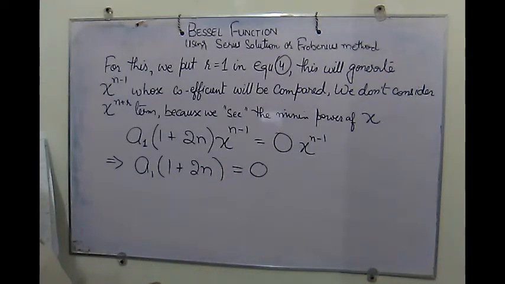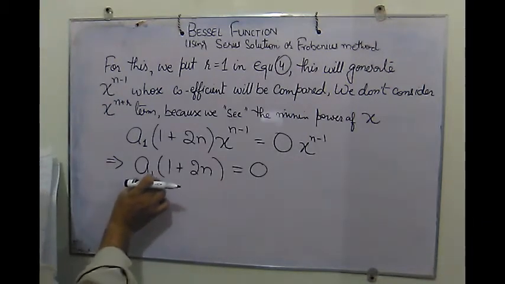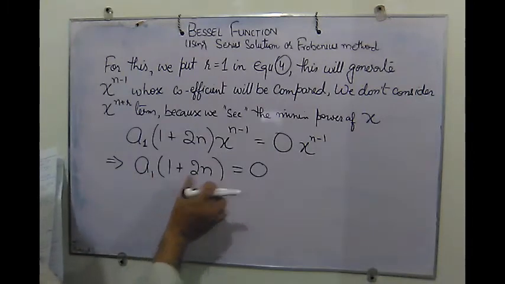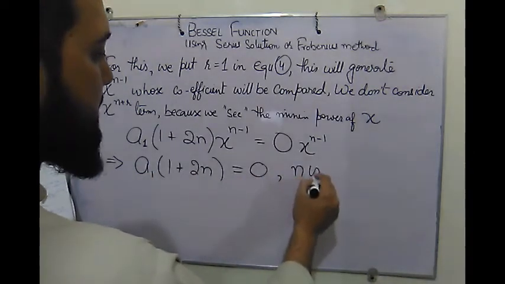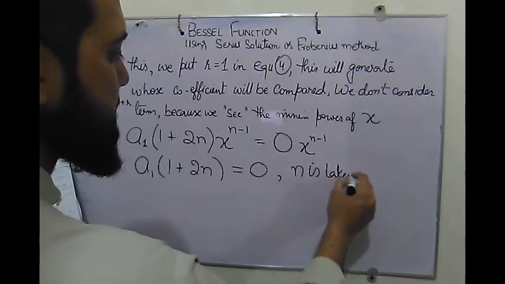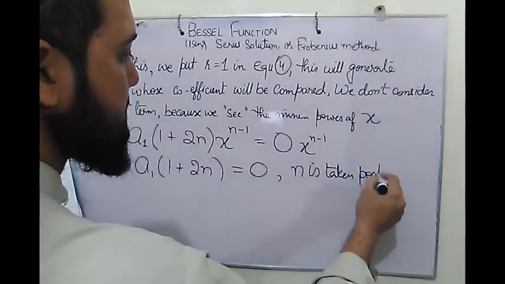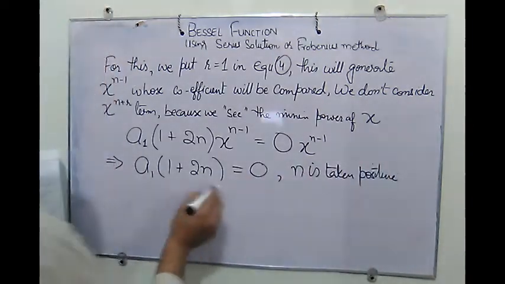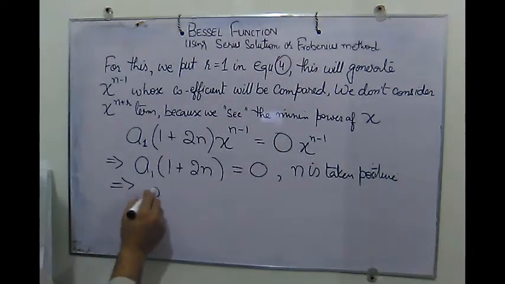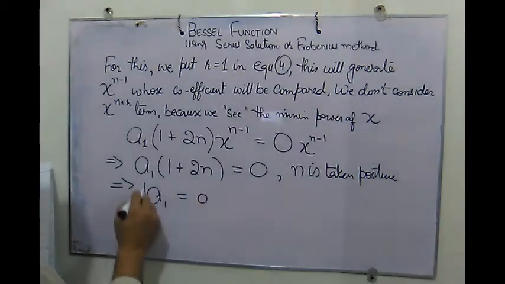Now since n is considered a positive real number in equation 1, we see that either a1 is equal to 0 or 1 plus 2n is equal to 0. However, n is taken positive. Therefore, it implies that a1 is equal to 0.